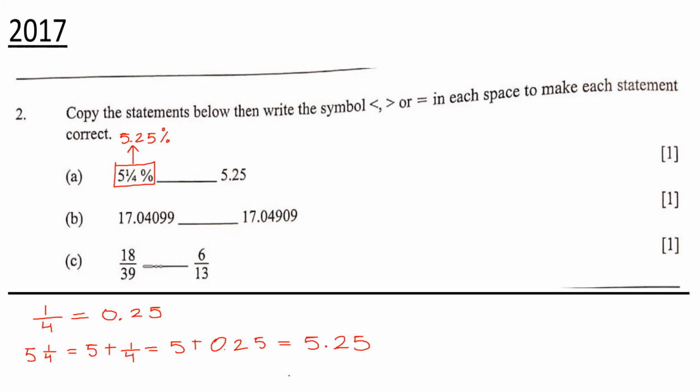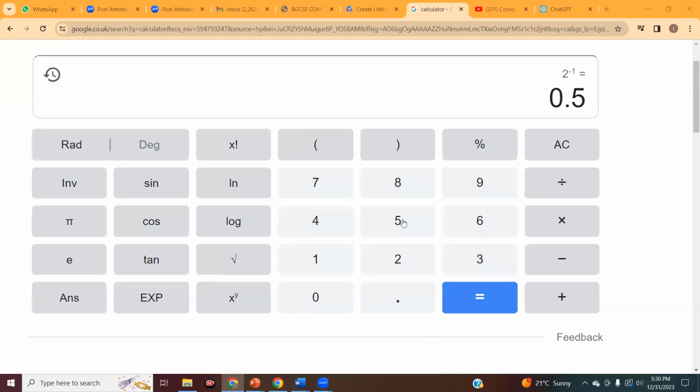Let's figure out what 5.25% is written as. So we have 5.25 and the percent sign, and let's put equal. And that's equal to 0.0525. Another way you can find the percentage is to divide by 100.